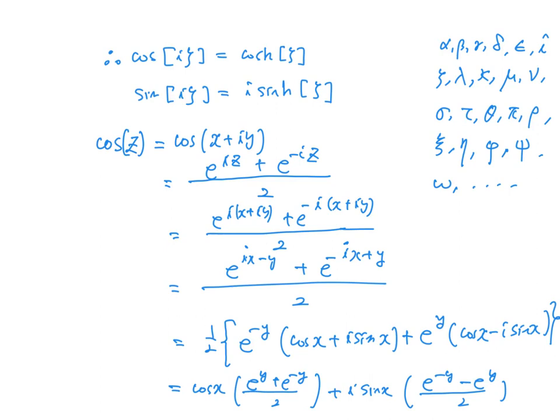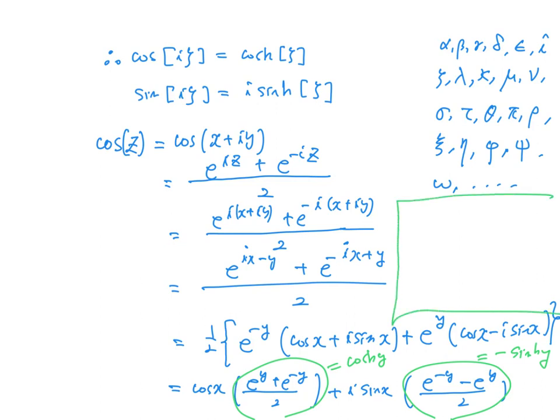So this is cosine hyperbolic y, right? And this is minus sine hyperbolic y. So we have some space here. This result can be put into cosine x cosine hyperbolic y minus i sine x sine hyperbolic y.